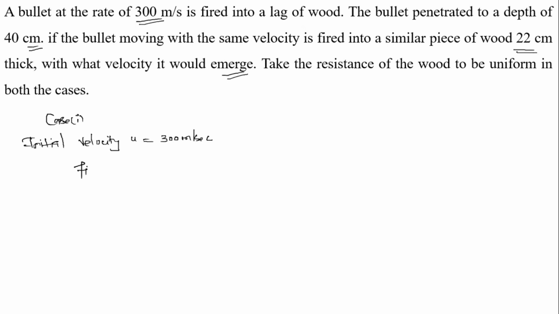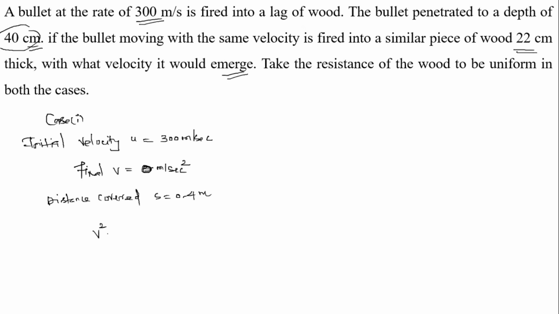The bullet penetrates to the depth of 40 centimeters, so after penetrating, the final velocity is equal to 0 meter per second. The distance covered S is equal to 40 centimeter, which is equal to 0.4 meter.